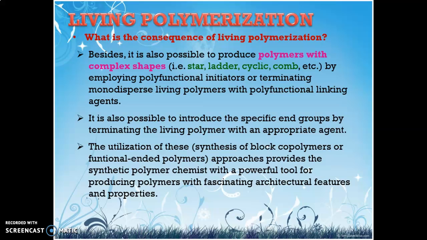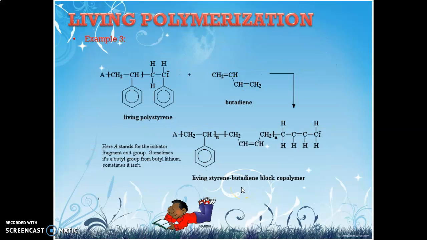Okay, so macam mana kita nak produce this type of complex shape? So kita dekat end group masa terminate tu kita boleh introduce agent lain lah. The utilization of the synthesis of block copolymer or functional ended polymer approaches provides the synthetic polymer chemist with a powerful tool for producing polymer with fascinating architectural features and properties.